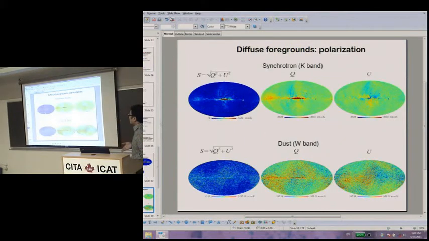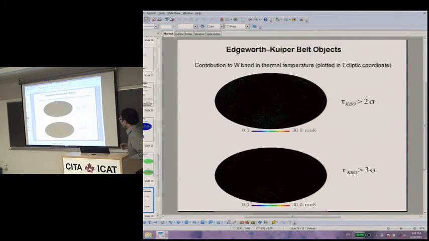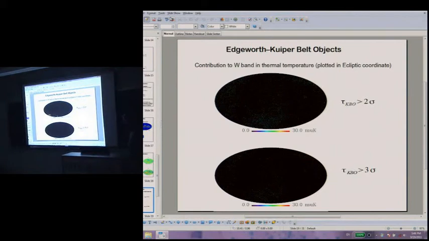And these are the polarized synchrotron and dust. I retained only the pixels which are apart from the zero value by more than 2 sigma and 3 sigma.